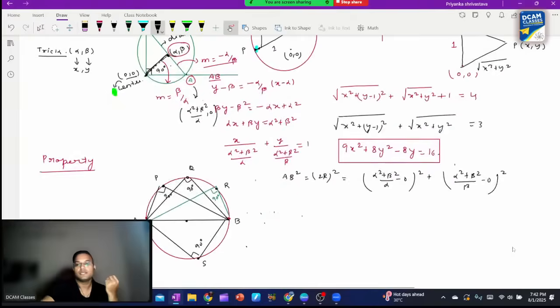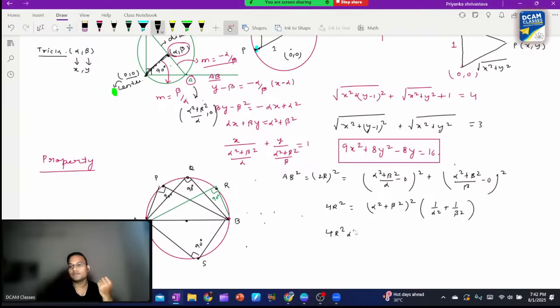This is how you will get the equation. 4r square is equal to (alpha square plus beta square) whole square into (1 by alpha square plus 1 by beta square). So 4r square alpha square beta square is equal to (alpha square plus beta square) whole cube.